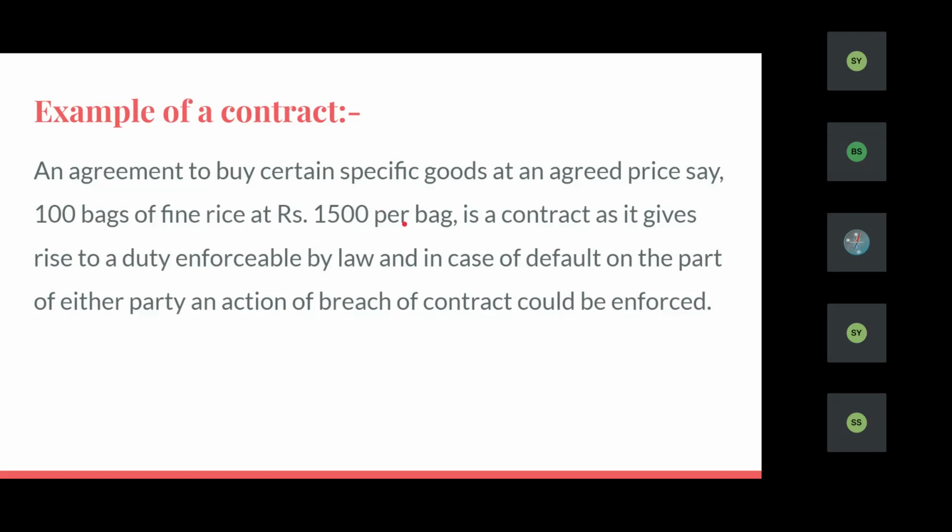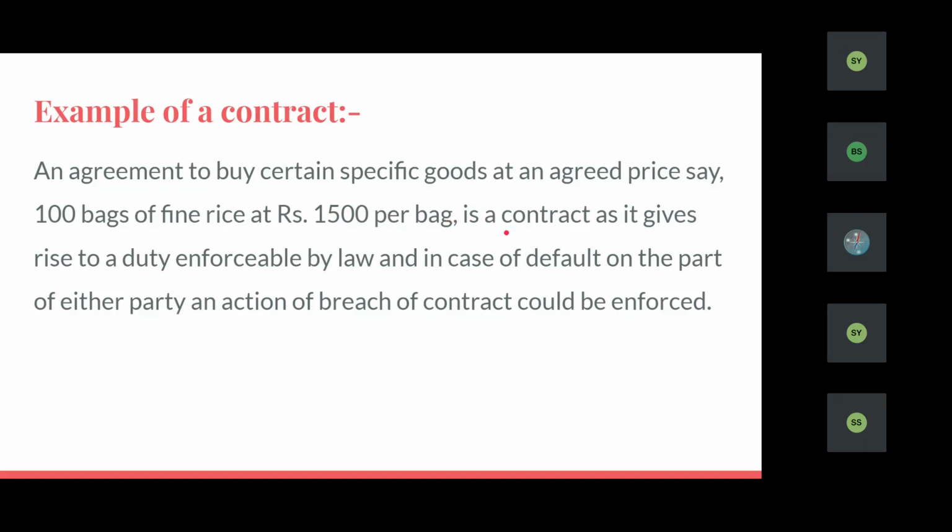So you are the aggrieved party. You are at a loss. You have the right to approach the court, because there was a contract between you both that on payment of so and so amount, he is supposed to deliver so and so item.